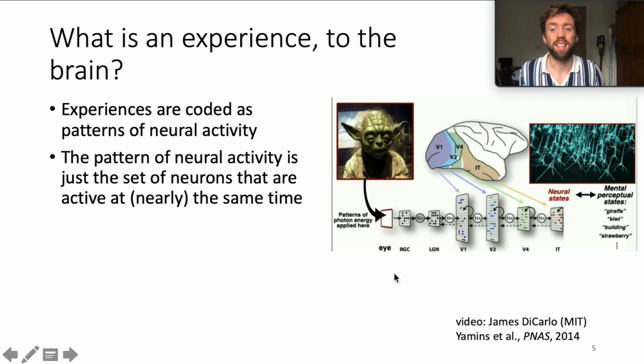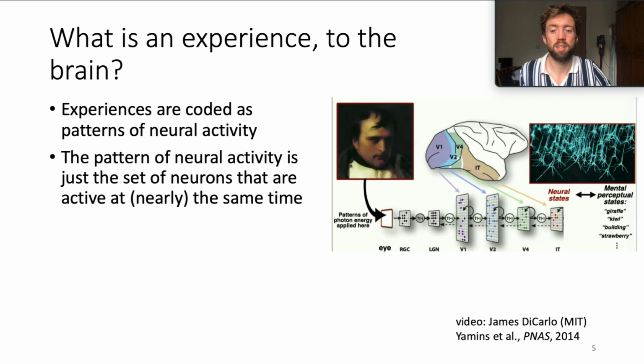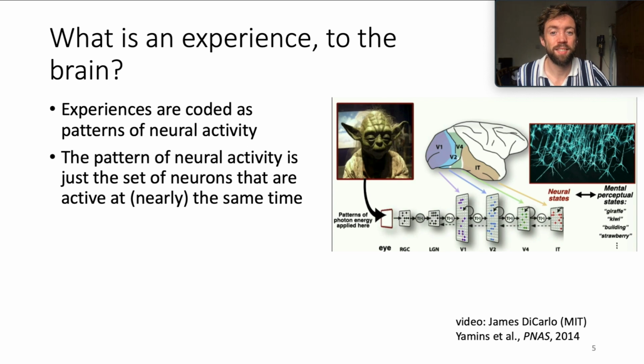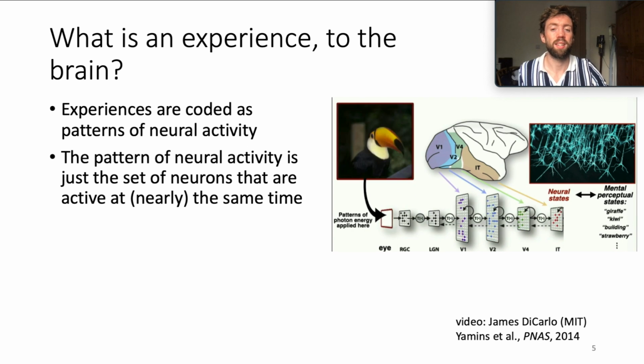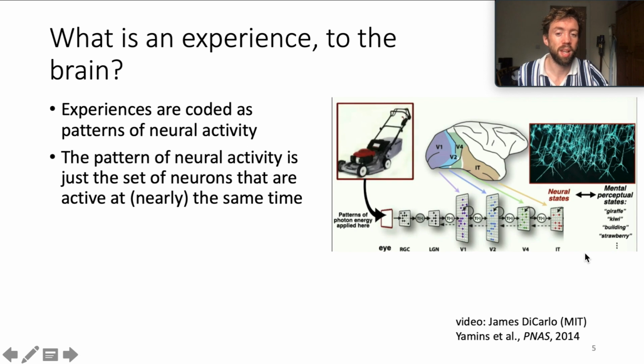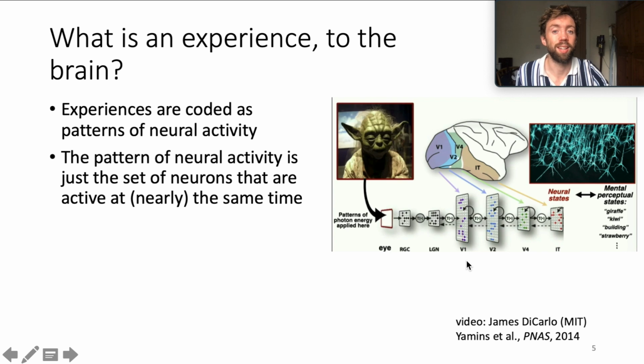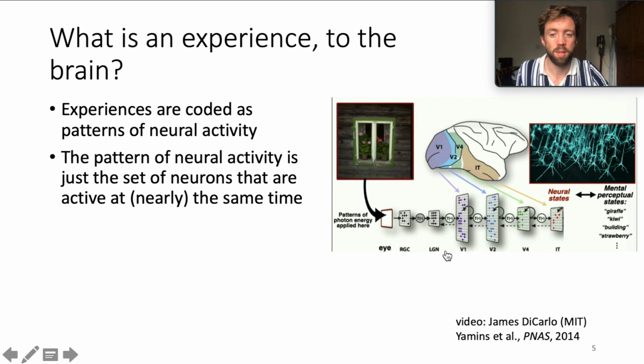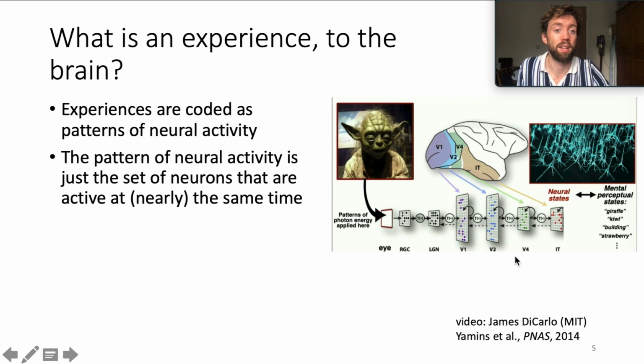What you see is that the pictures going into the system, into the eye, change, and this corresponds to a change in the activity that proceeds up through this hierarchy of layers of the deep neural network, which corresponds to a hierarchy of cortical areas in the brain, so that each image has its own corresponding pattern of neural activity.